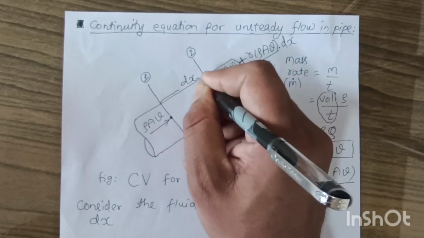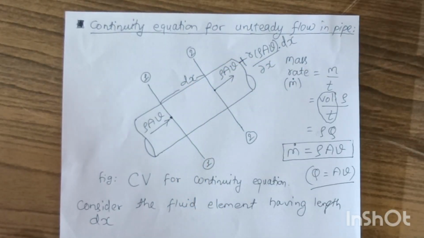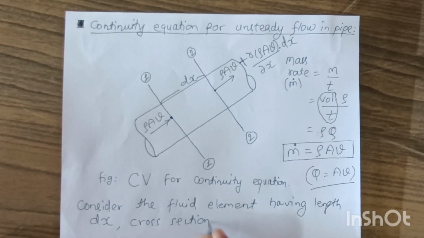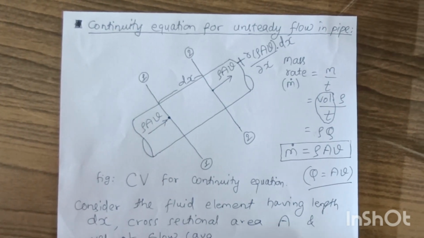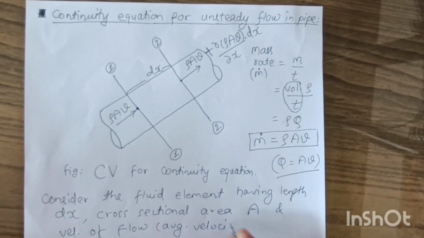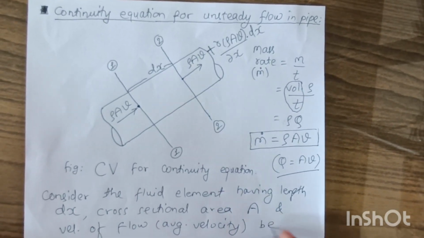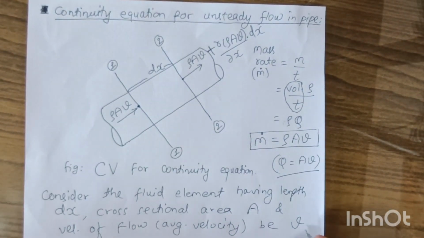So we have named this dx, and cross sectional area A and velocity of flow, which is the average velocity V.